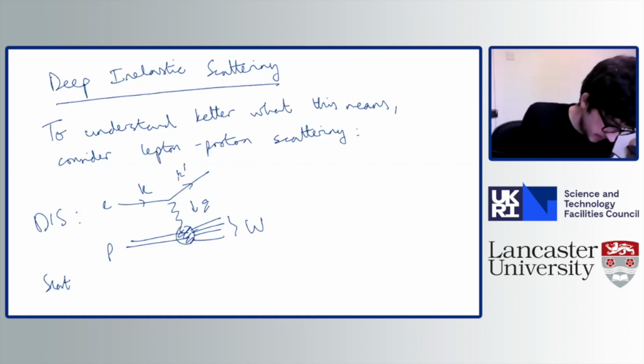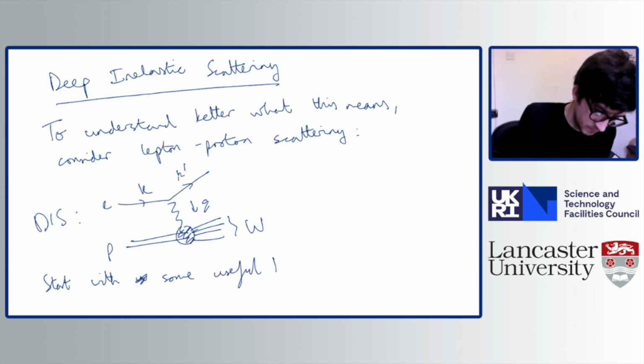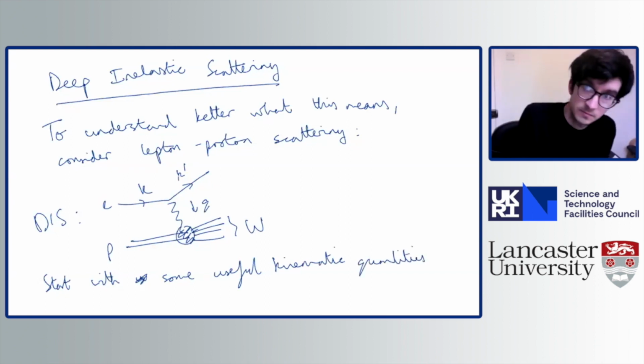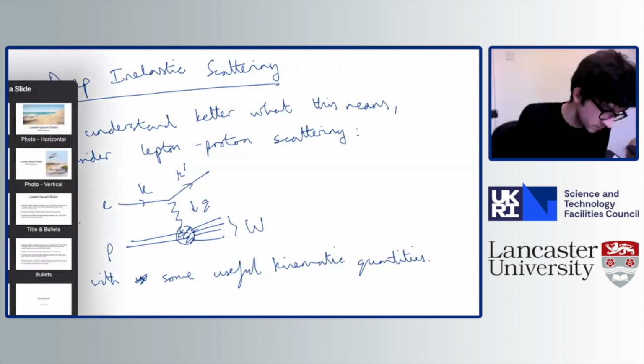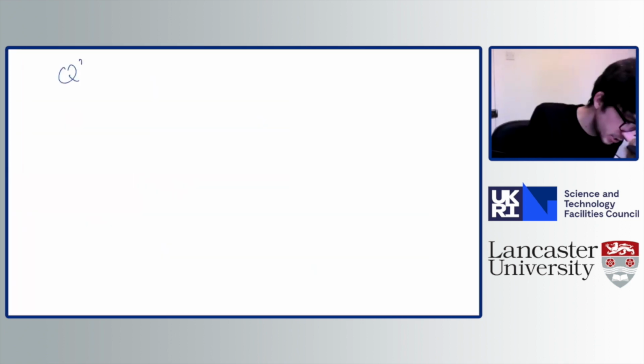Let's start with some useful kinematic quantities. So let me introduce them. We've got q squared, which is just minus the virtuality of the photon.